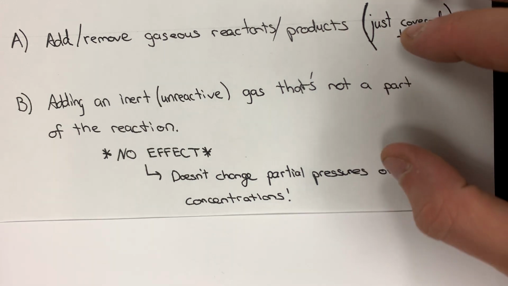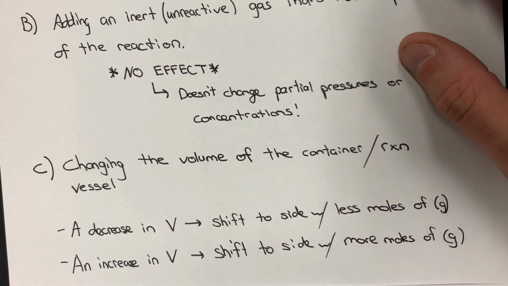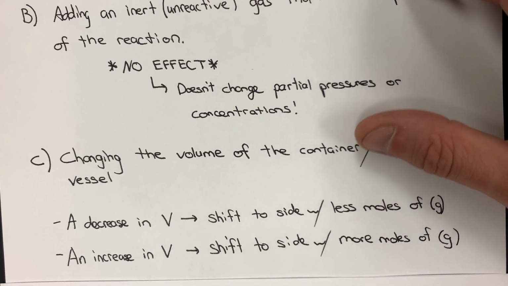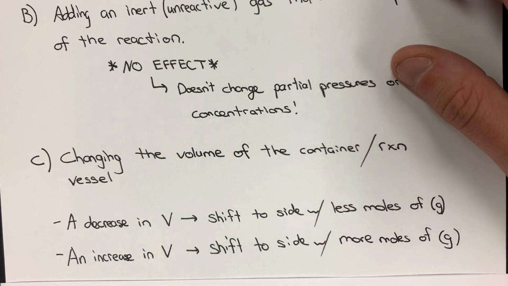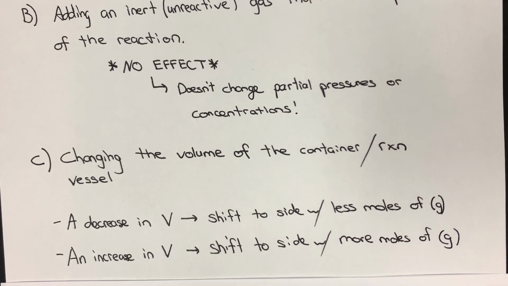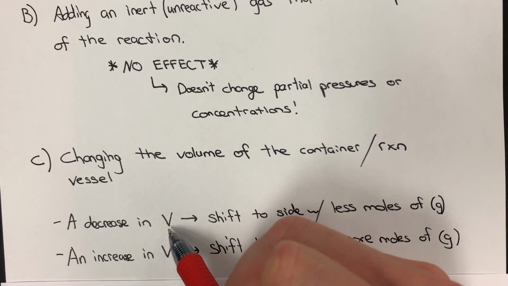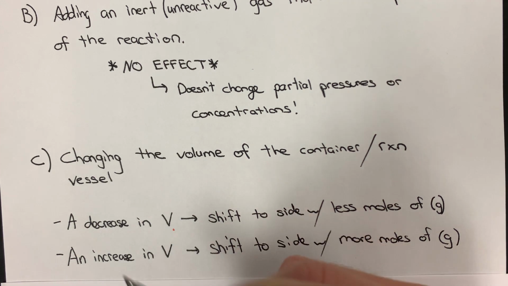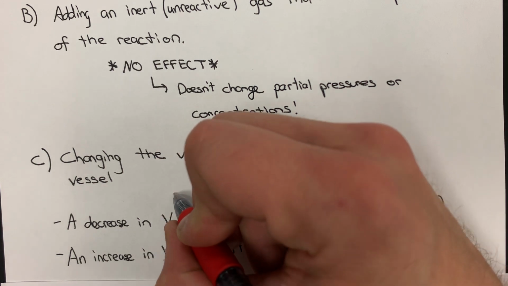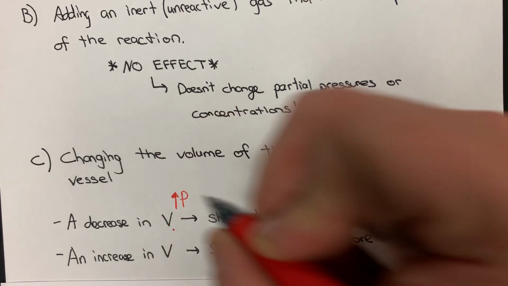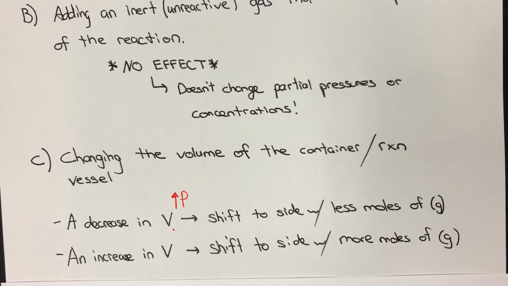Finally, the last thing we can do to change pressure is manipulate volume. So if we're running this in some type of closed container, we're going to find that if we decrease volume, essentially what happens is that there's a rise in pressure. Well, the system wants to respond to reduce that pressure, right?